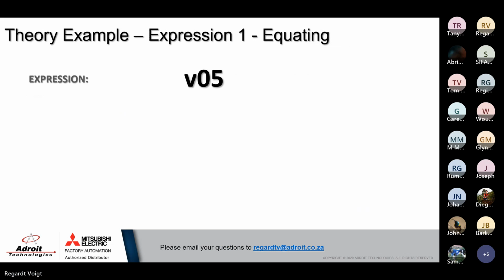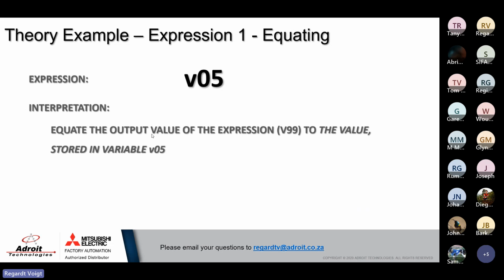Right. So if you look at the example, if you add the following V05, for instance, in the expression, what does that mean in your expression calculation? So in this case, it means that equate the output value, which is V99, to the value that's stored in V05.